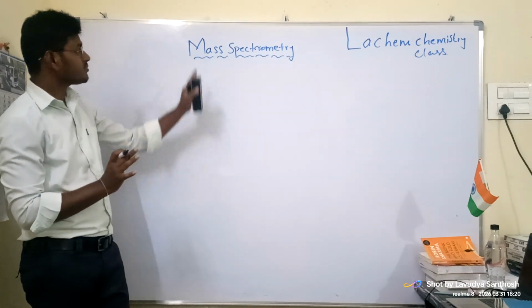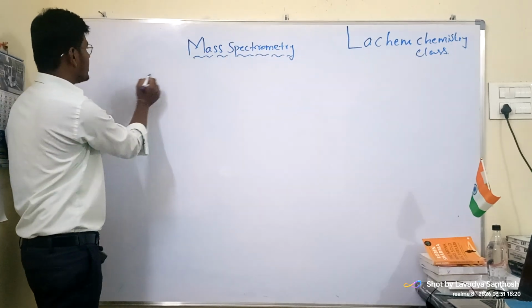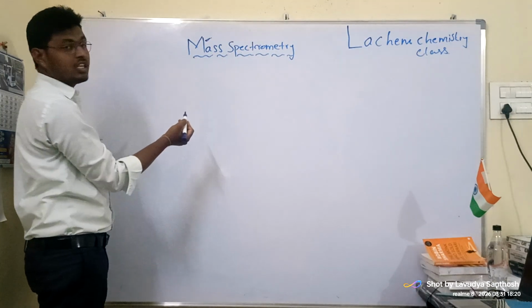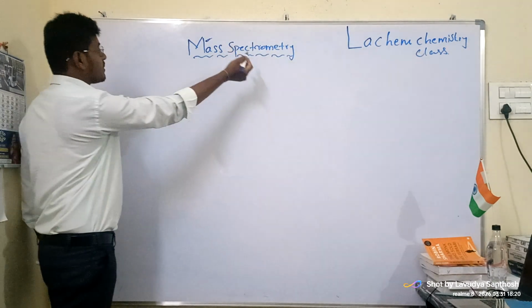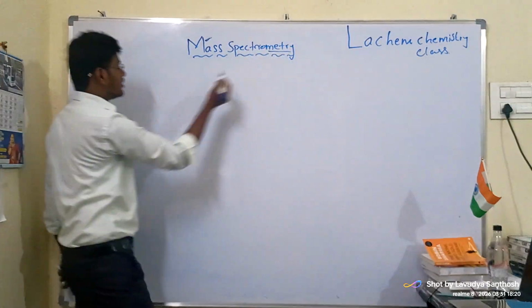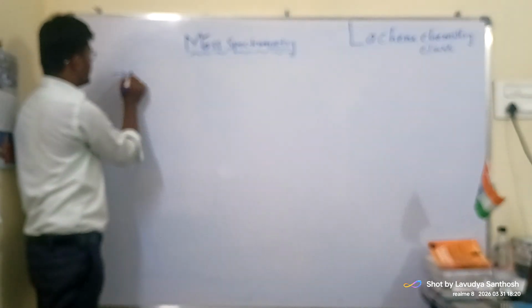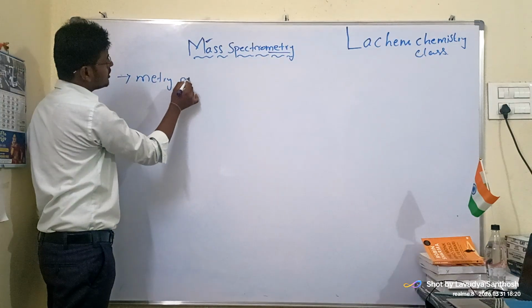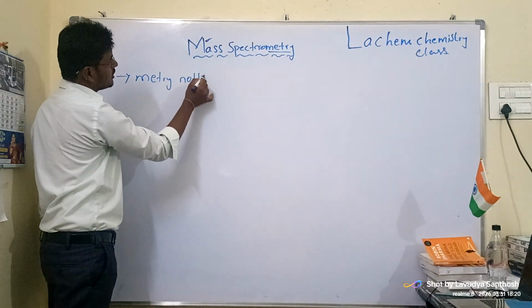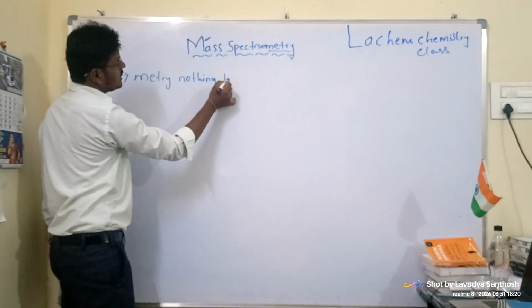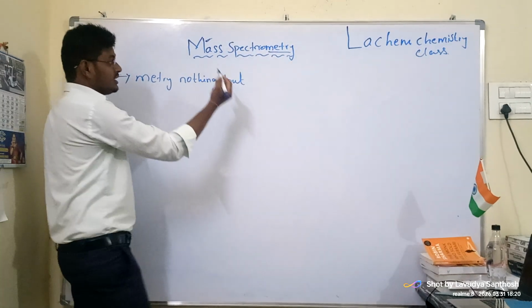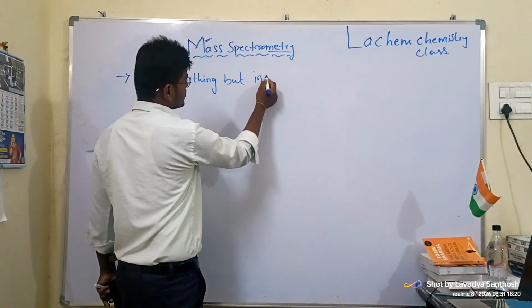Now you see, what is metry? Mass is nothing but... what is metry? Spectrum means spectra, metry. Metry is nothing but instrumentation.